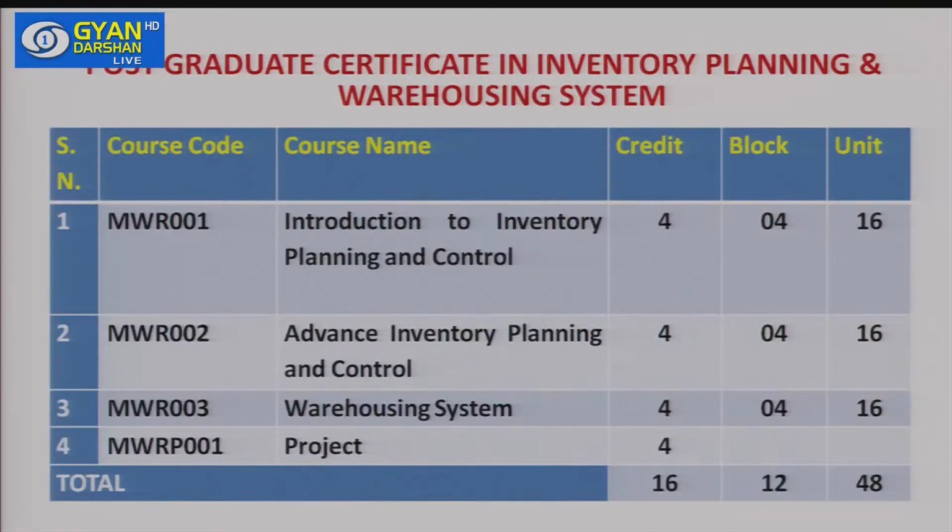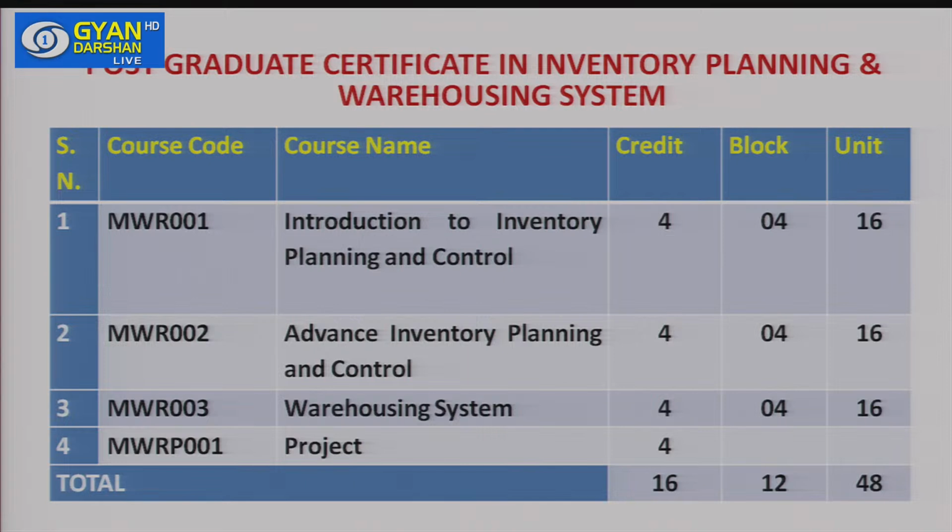Before that, we would like to give you a brief about this course structure, which is the Postgraduate Certificate in Inventory Planning and Warehousing System. This program consists of 4 courses, out of which 3 are theory courses and 1 is a project.